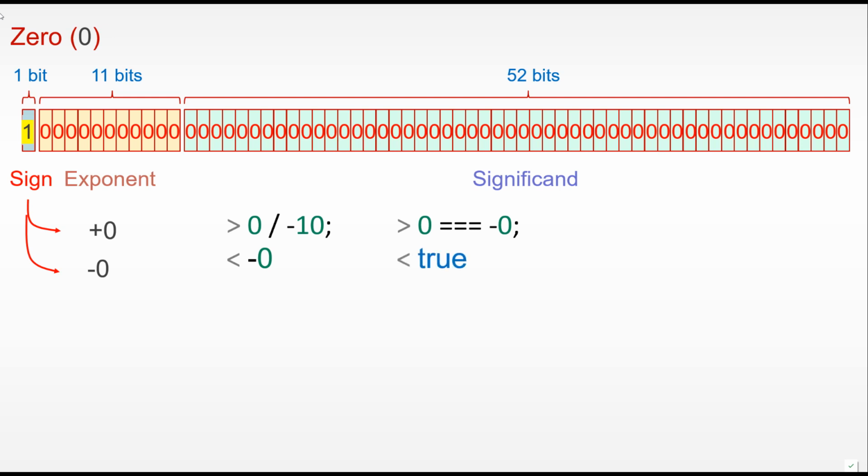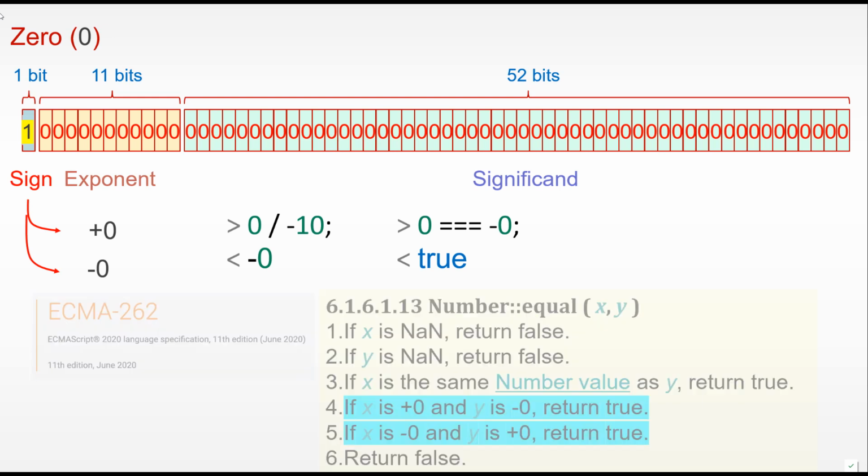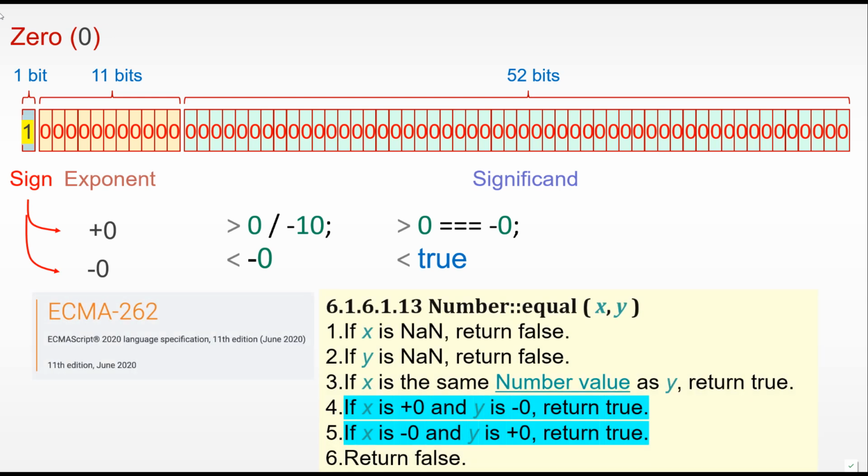Now this is not true for any other number, so -1 is not equal to 1. But the ECMAScript specification, which is the specification of the language that browsers, etc. are using, clearly states that if we compare two numbers, x and y, and if x is positive 0 and y is negative 0, the comparison should return true.